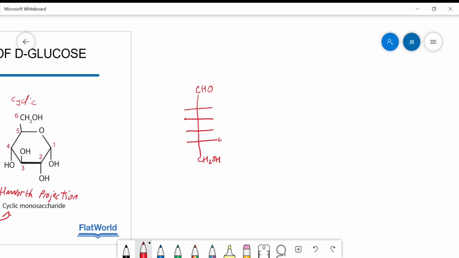And the important thing is that every chiral carbon has an H on one end and an OH on the other. For now, it doesn't matter where they are. So for now, just make sure you have one of each. All right, so there's our sugar. It's our Fischer projection.